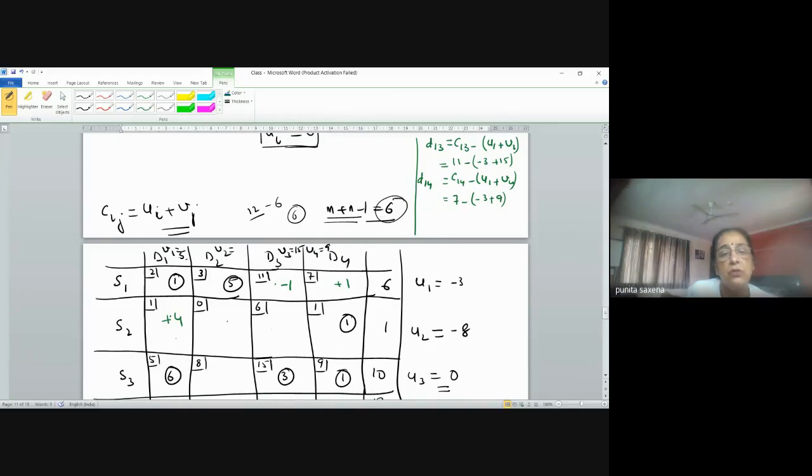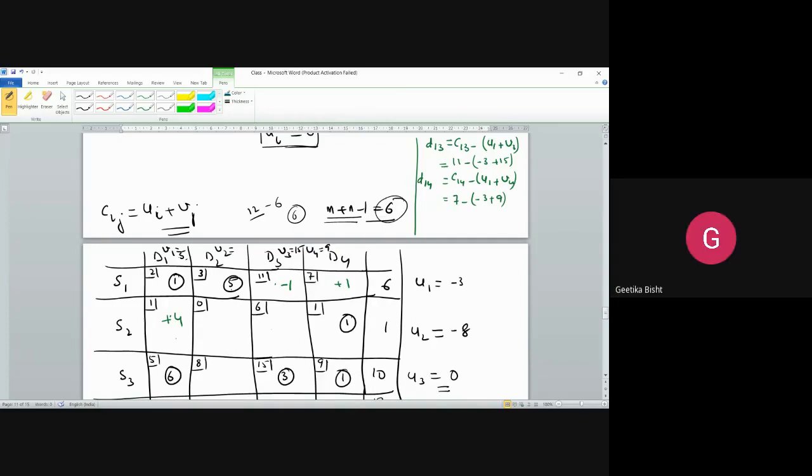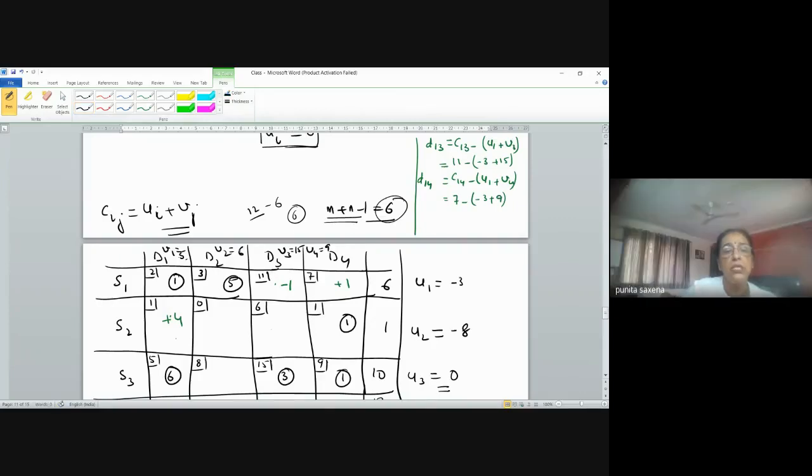What about D22? हमारा V2 कितना आया था by the way? मैंने लिखा ही नहीं. मैम 6. V2 was 6. हाँ जी. So D22 कितना आया? 2. Plus 2. Fine. Then D23.